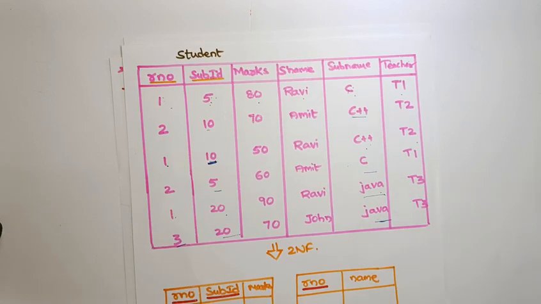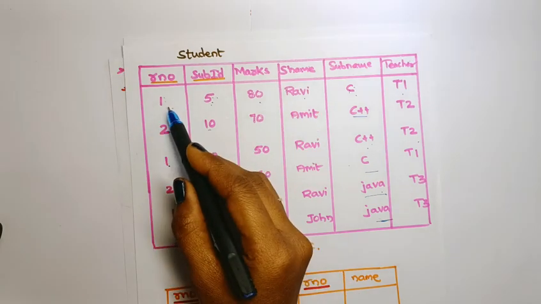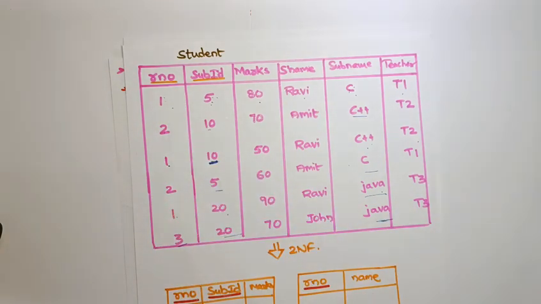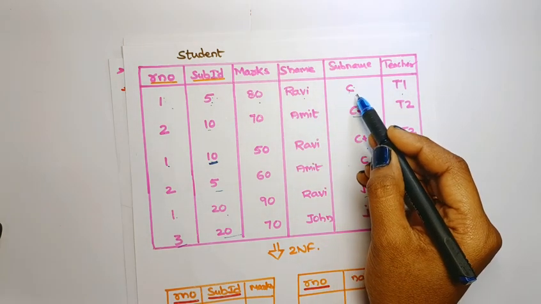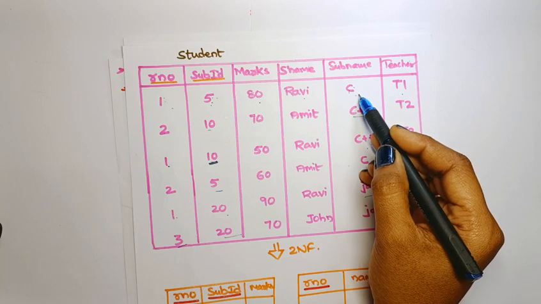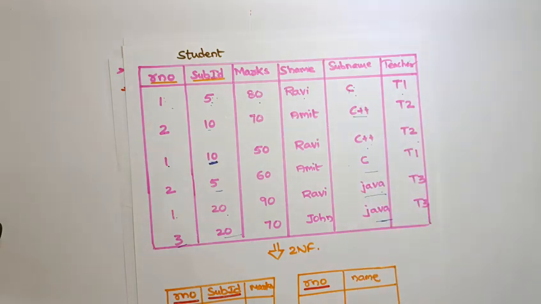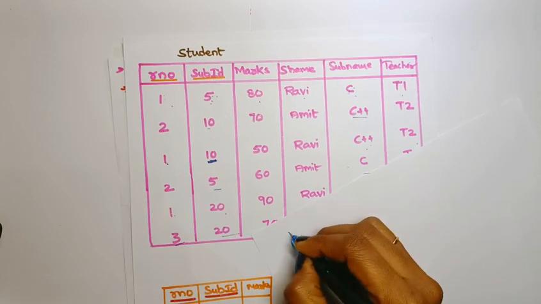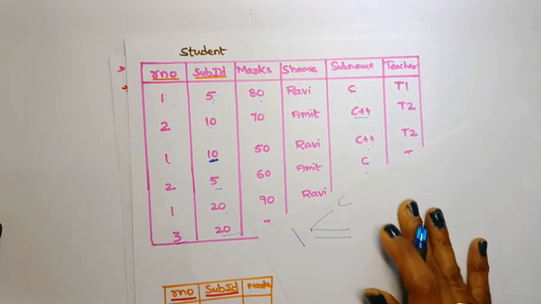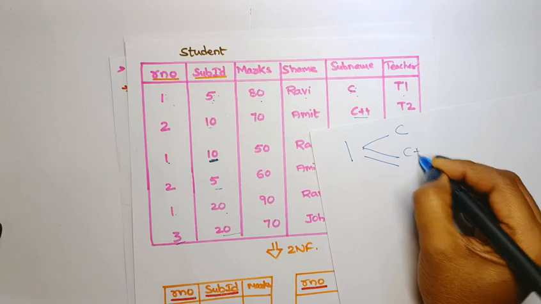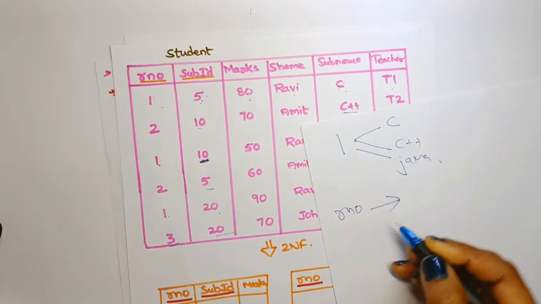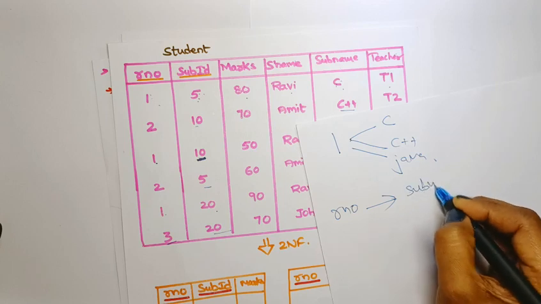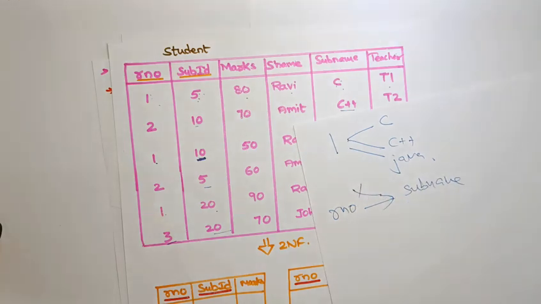So here, if you observe, by using roll number alone you cannot identify the subject, in which subject he has joined. For example, roll number 1 has joined for multiple courses like C, C++ and Java. By using roll number, you cannot identify the subject name. Why?